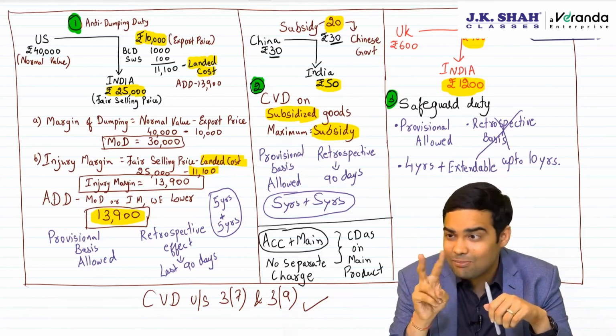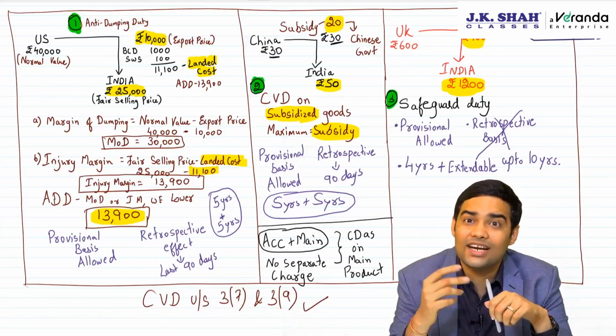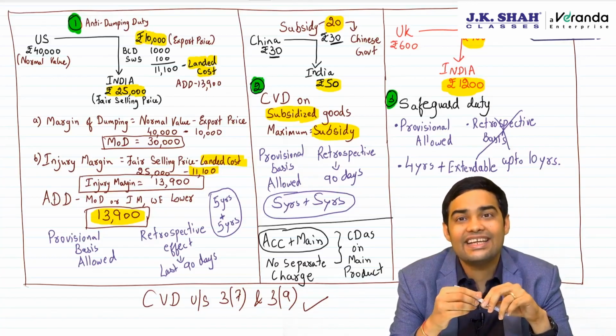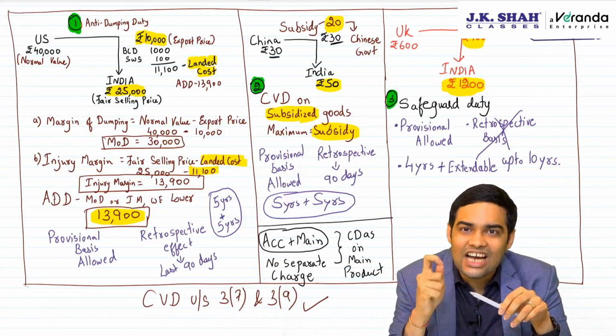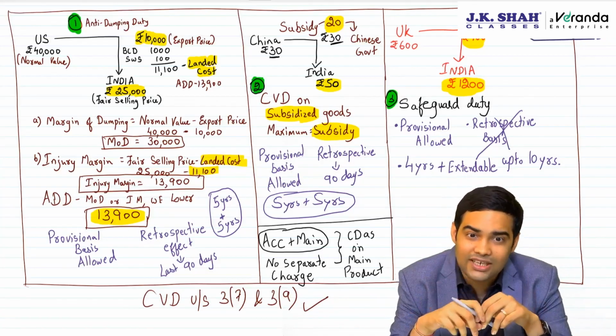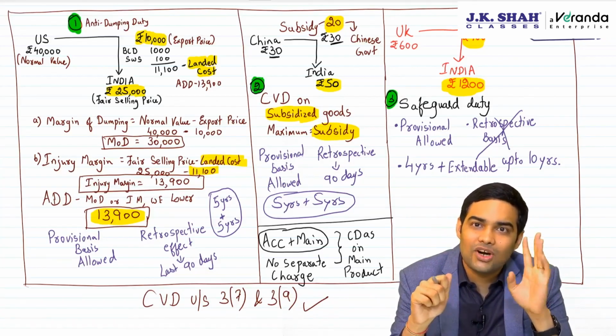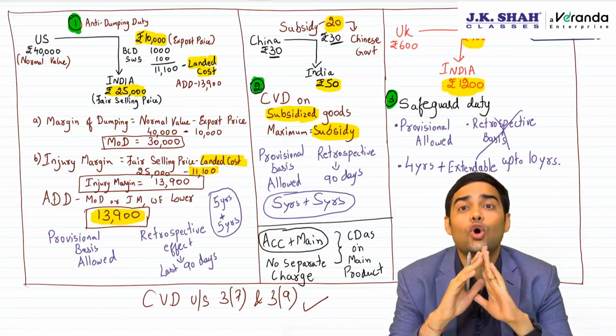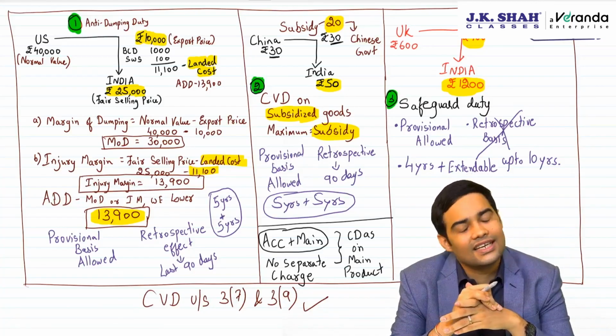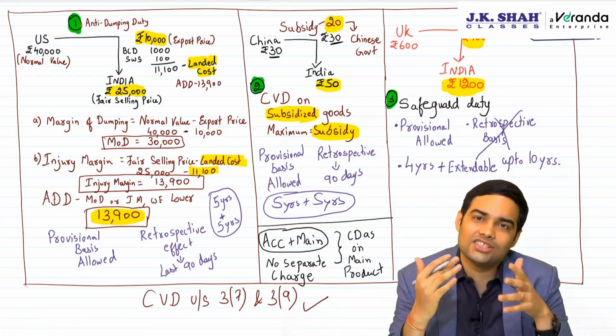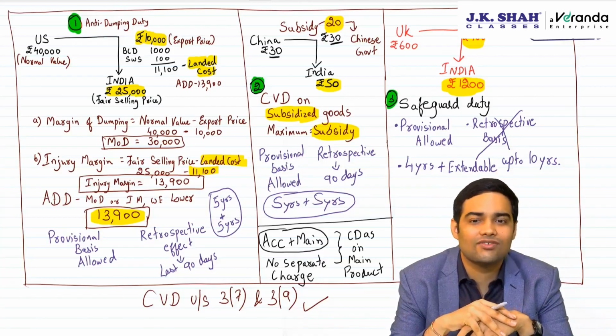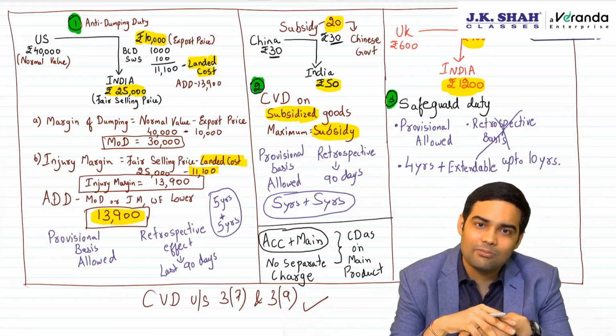Remember this, both will have to be computed separately in case there is a separate charge for accessory. Remember it, accessory plus main product being supplied with no separate charge. In such case, accessory will also suffer the rate of custom duty which is applicable on the main product.